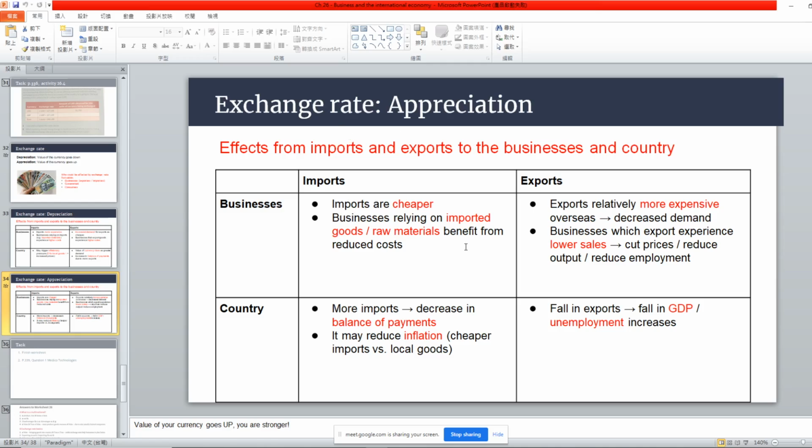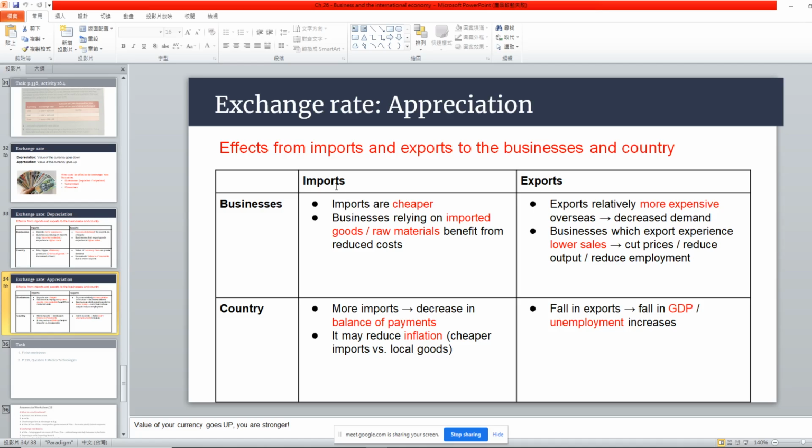So when you are a business that relies on imported material, you will get the benefits because now the cost of production is getting lower. So that's good for the businesses, when they have to import raw materials and goods from overseas.